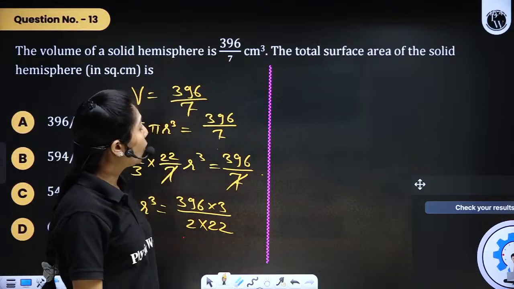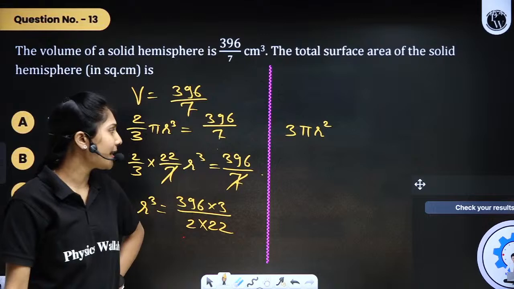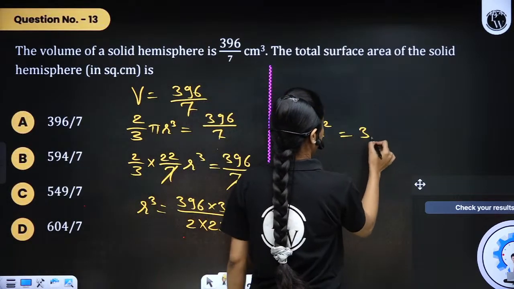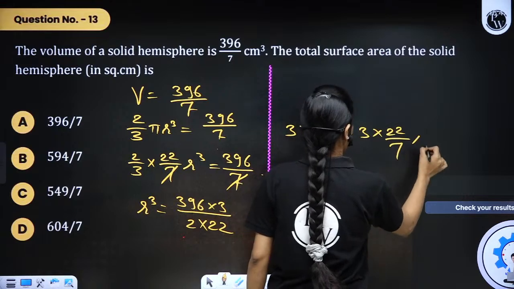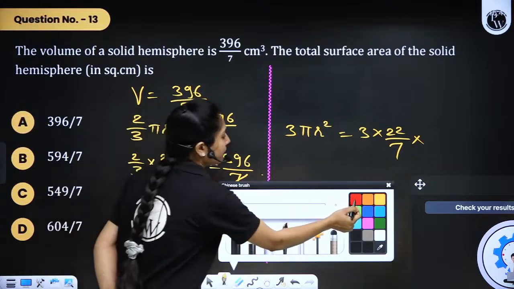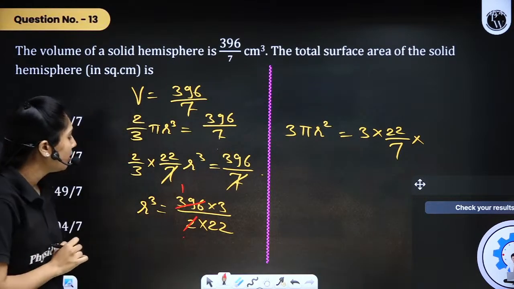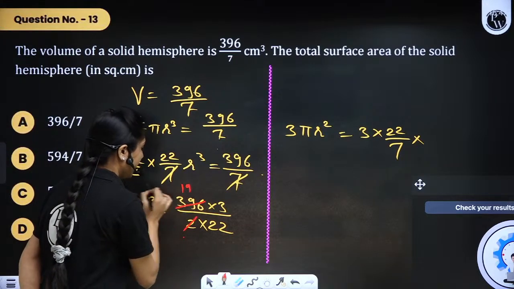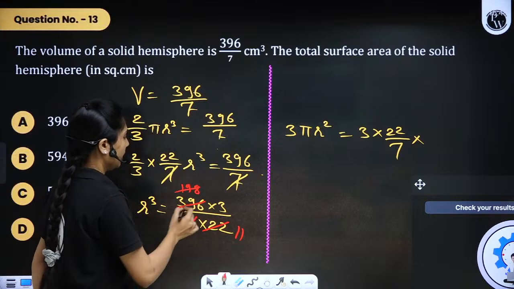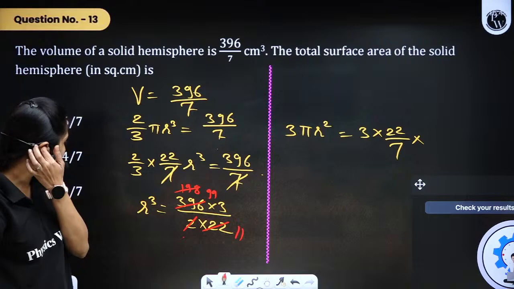And the total surface area is 3 pi r square, correct? The total surface area is 3 pi r square that we have to find. So it is 3 into 22 by 7 into the value of r square, which we have to calculate. Let's simplify it again. 9s are 18, 99.